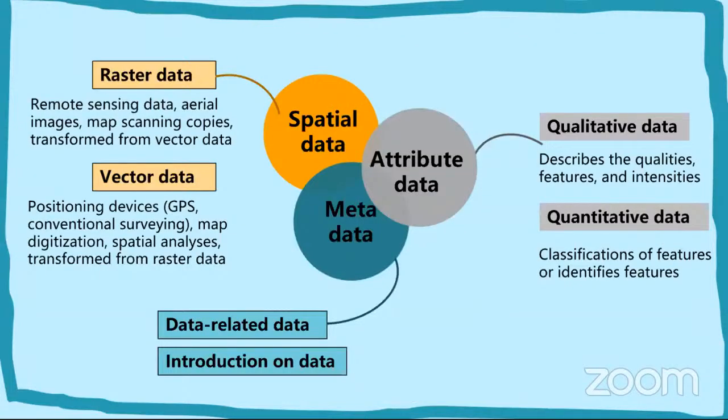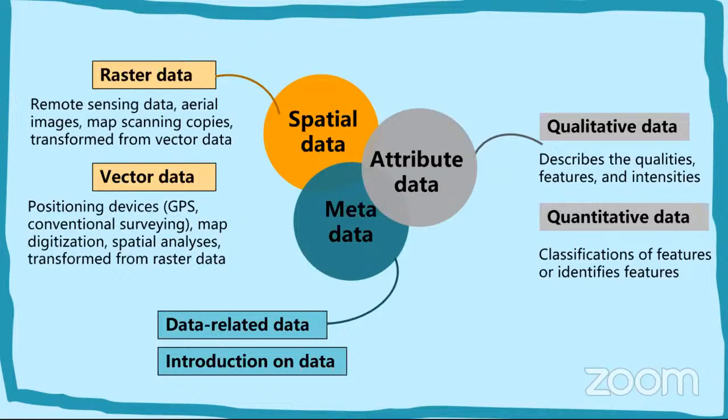Okay, there are three types of GIS data: spatial, attribute, and metadata. The metadata is a set of data that introduces the data and gives information about the other data.